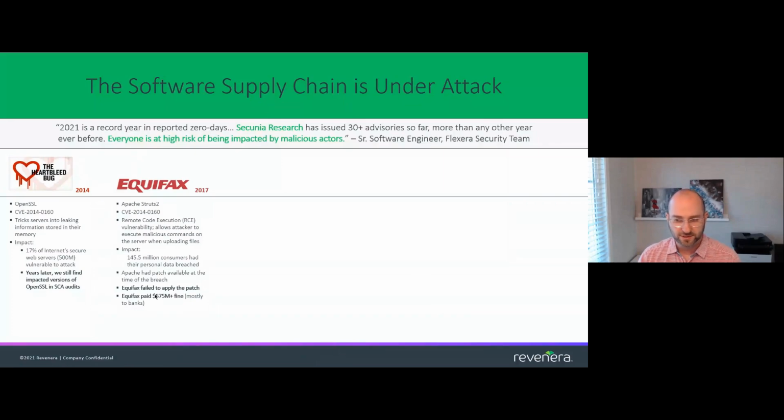And the consequences everybody's aware of: there's been close to 600 million in fines. Most of the money paid went to banks because they had to deal with the consequences of the breach, people's information getting out, credit reports having to be reissued, hundreds of millions of people impacted, close to 146 million. And this was one of the first vulnerabilities that personally impacted people.